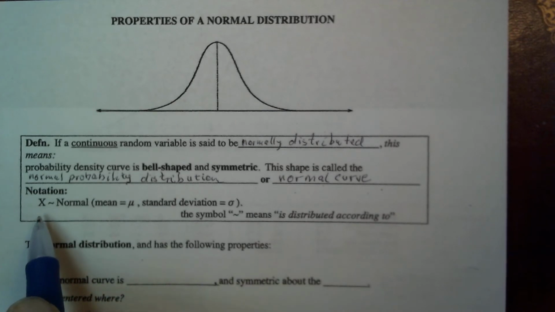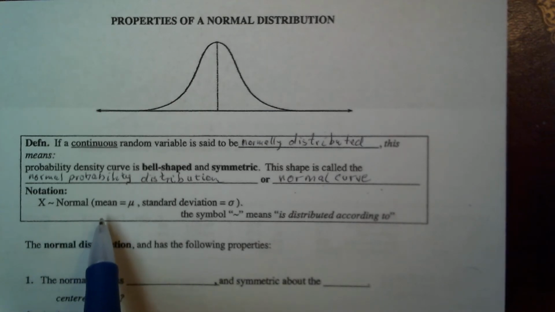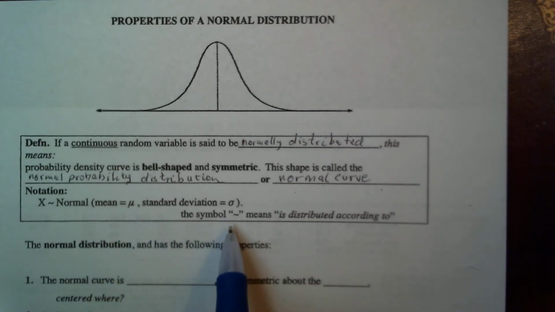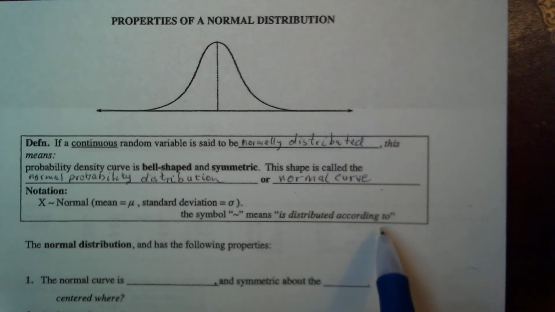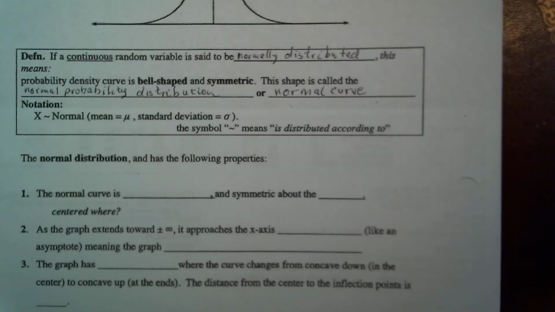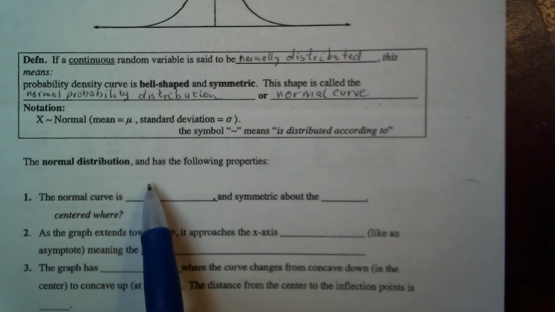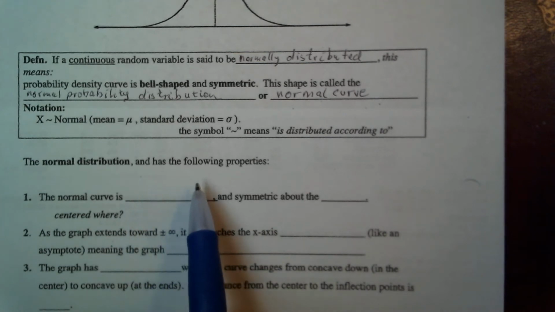And so when we say x is normally distributed with a mean of mu and a standard deviation of sigma, this wavy symbol means it's distributed according to. So the normal distribution has the following properties.